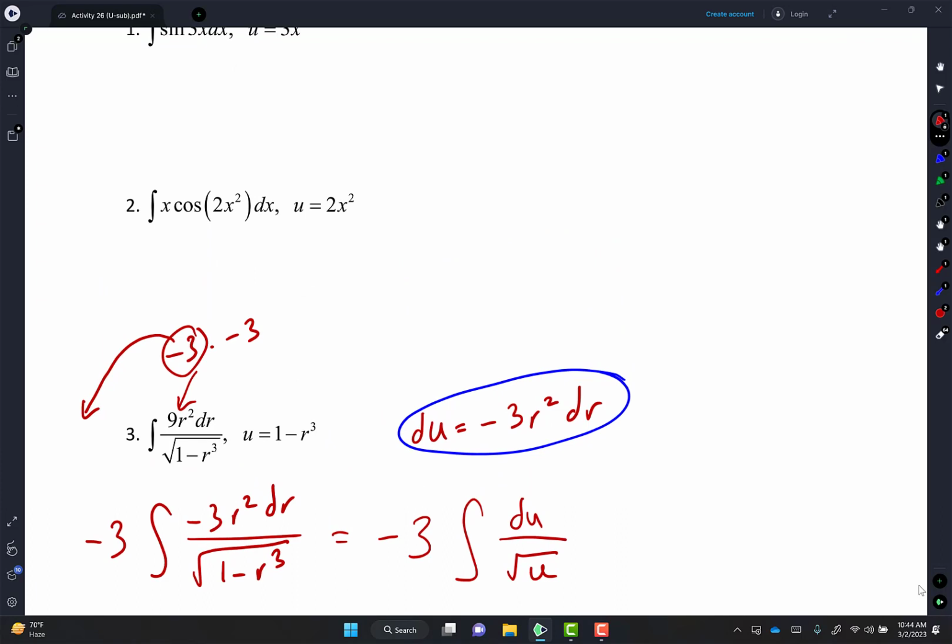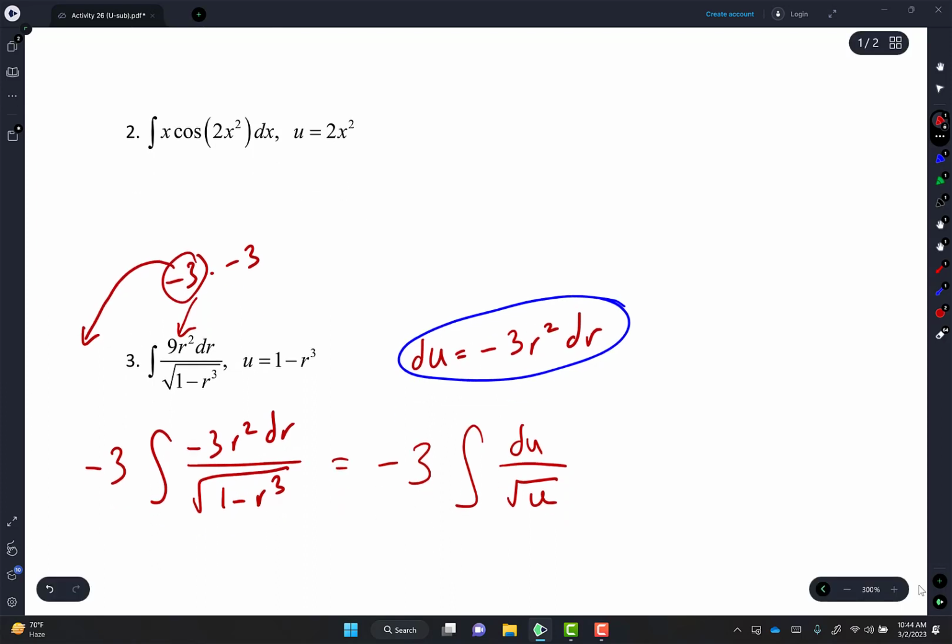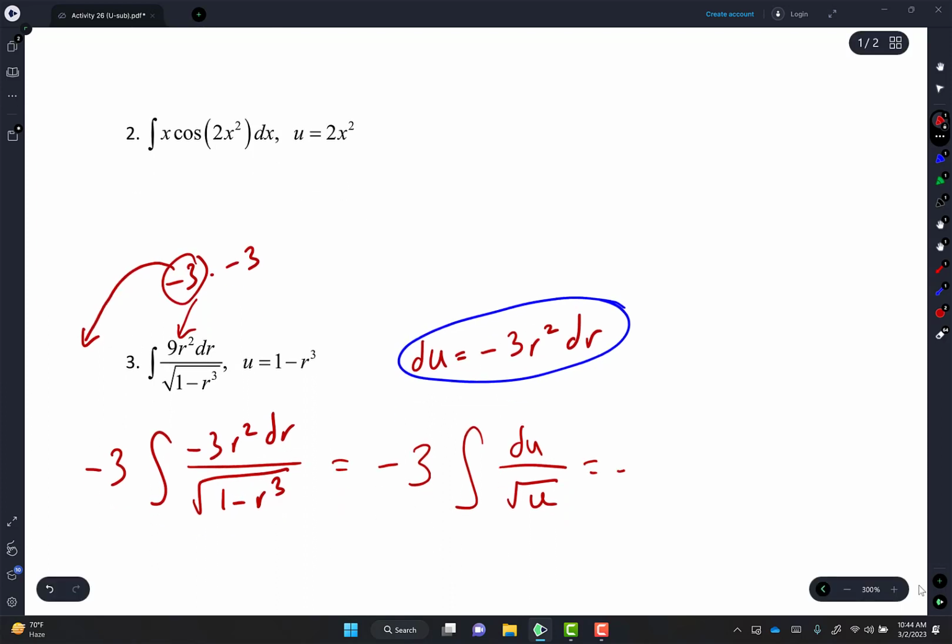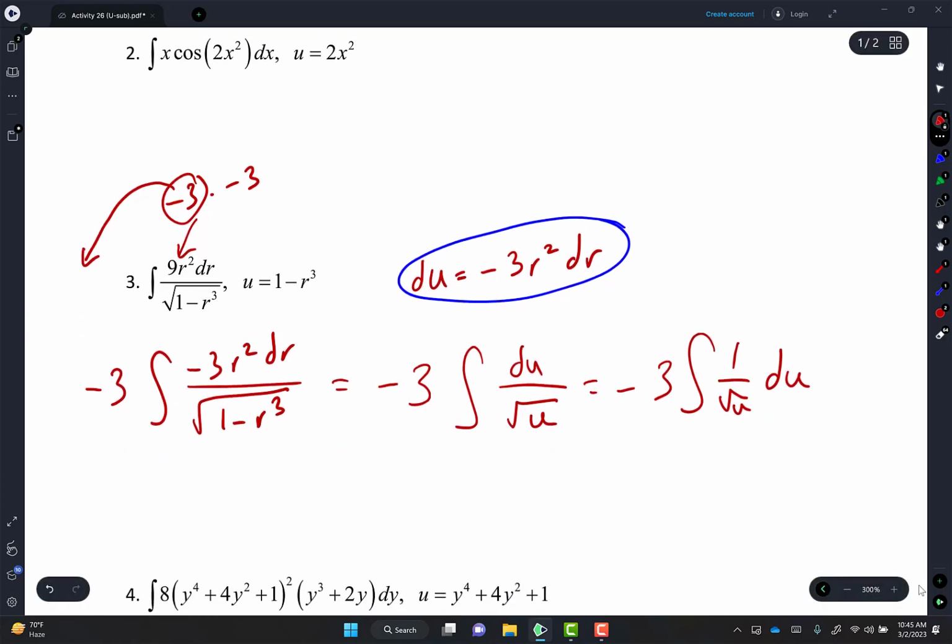The du always goes in the very back. And I know right here you put it in the top, and it's okay, but the better route is to always put the du in the back like that, because the du signifies the end of the integrand. Cool or not cool, guys? All right, can you guys take it from there or no? Okay.